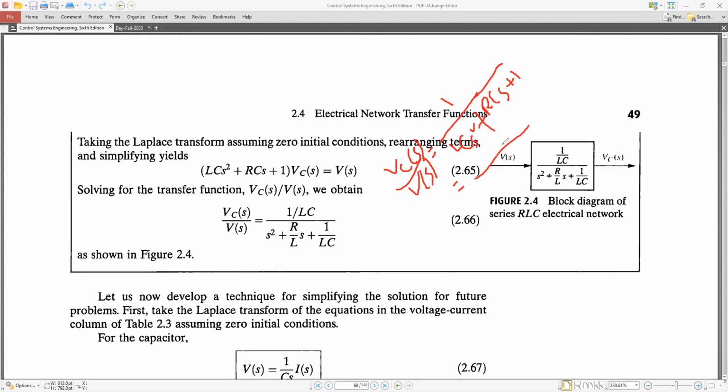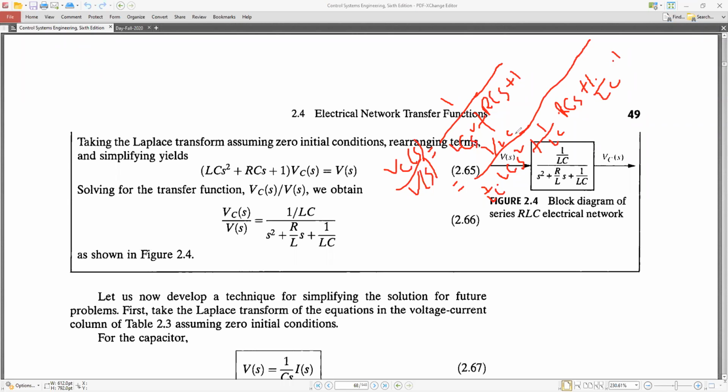Now 1 by LC divided by 1 by LC. So what you will get, 1 by LC into LCs square plus 1 over LC into RCs plus 1 over LC into 1.